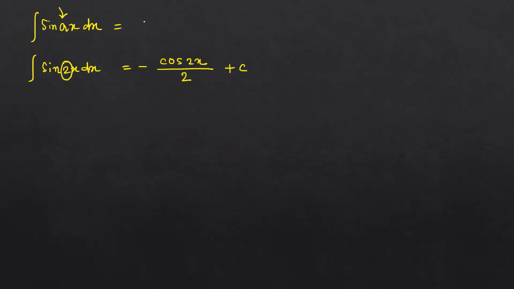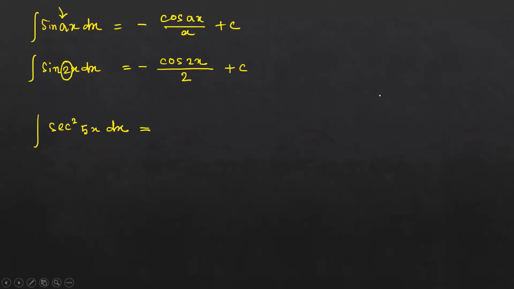So the integration over sin of ax will give you minus cos of ax by a plus c. You have to perform that with every term, for sin, cos, tan, everywhere. If this type of integration occurs, for example the integration of sec square of 5x dx, what is the answer here?